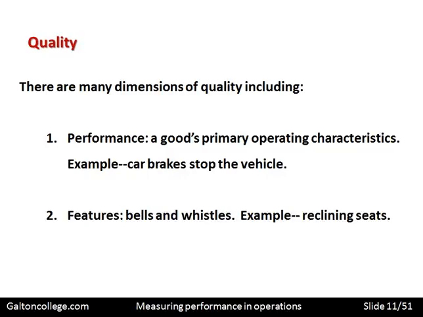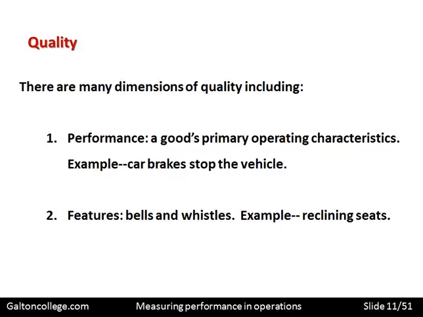It could be also the features. Sometimes this is referred to as the bells and whistles. It's an English expression. Bells and whistles means additional features. So if we talk about a car, we talk about the attributes of the car, and we could say it's also got reclining seats. Now, the reclining seats are something extra, some additional feature which was perhaps not even anticipated when the car was purchased.